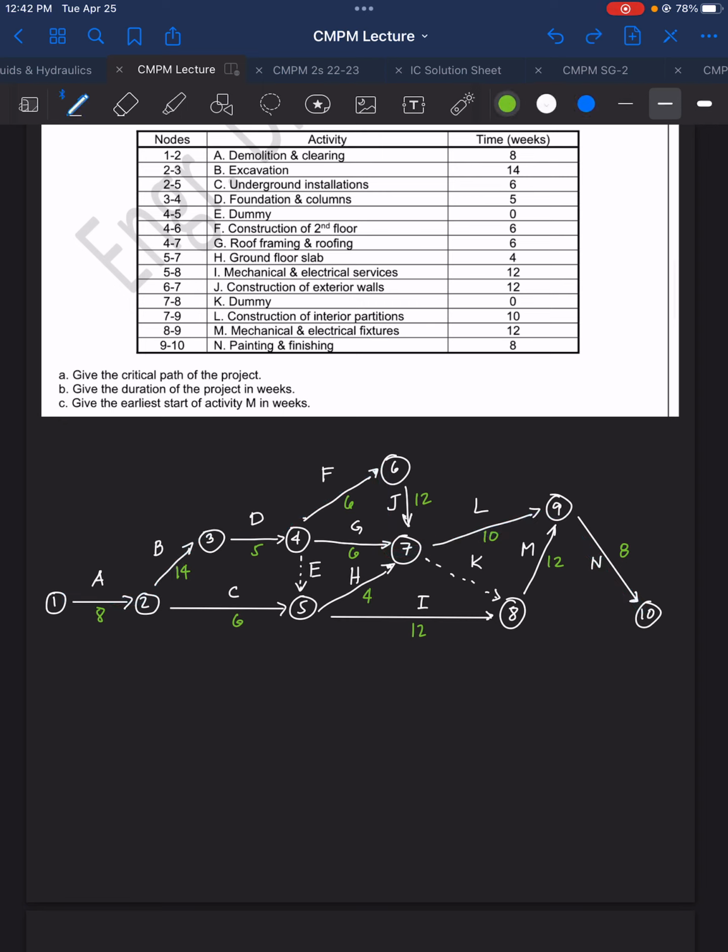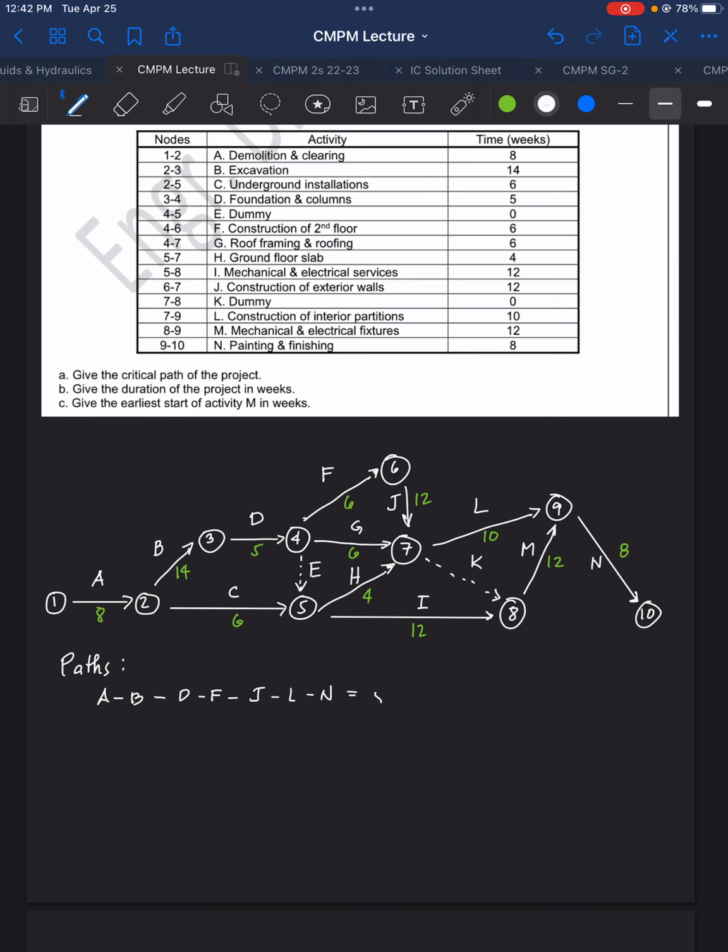So we'll put it here. We have A, B, D, F, J, L, N. Then we will count how many duration we have here. We have 8 plus 14 plus 5 plus 6 plus 12 plus 10 plus 8.